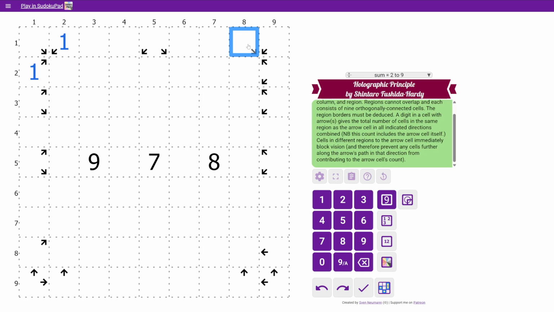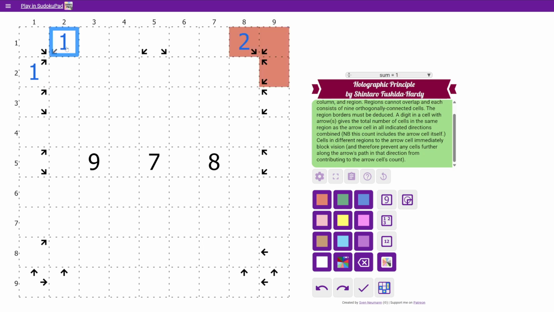Since we already have a 1 in the row, it is a 2. Which means that these three are of one color, and these two are a different color.